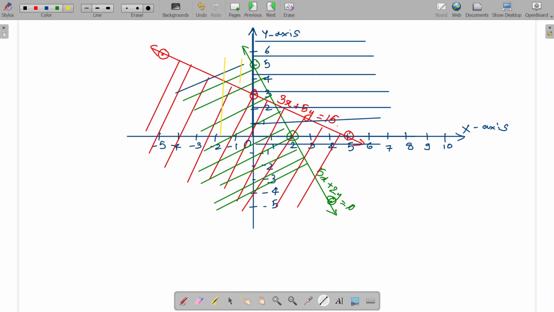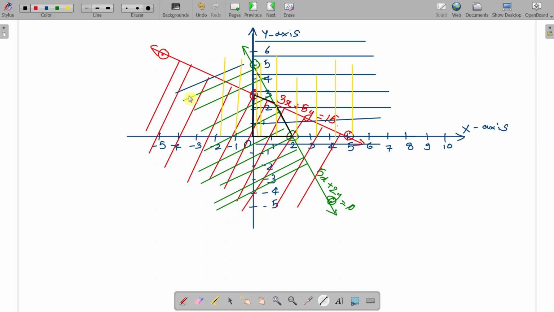So here. Now if we look at the intersection of all these regions, we get this region here.